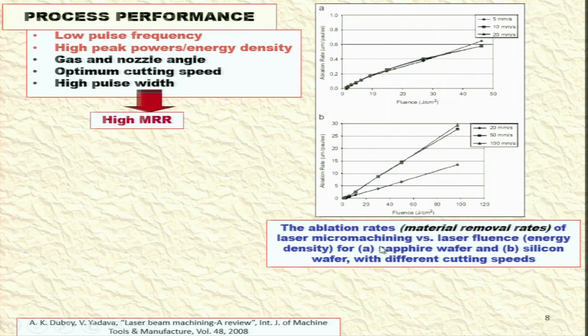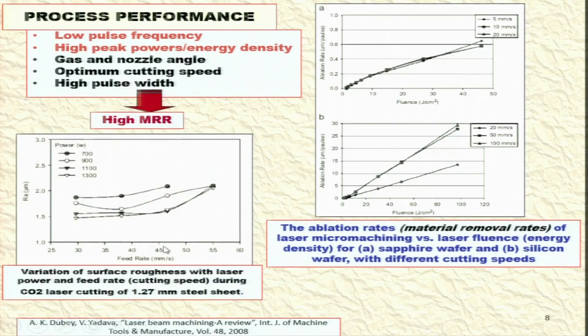The ablation rates, material removal rates of laser micromachining versus laser fluence for aspheric wafer. This is for aspheric wafers and this is for silicon wafer with different cutting speed. So you can see Ra, the surface roughness value, how it is affected by the feed rate in millimeter per second, and this is for power 700, 900, 1100, 1300.